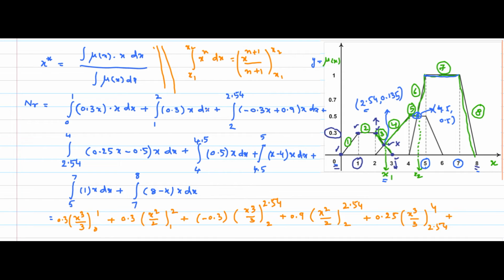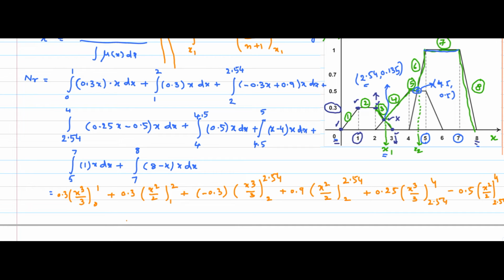Plus, it will be minus here. Okay, it is minus 0.5, so minus 0.5 can be taken out. Integral of x is x square by 2, and it will be from 2.54 to 4. So this is the concept. Let me move forward. Let me continue here only.